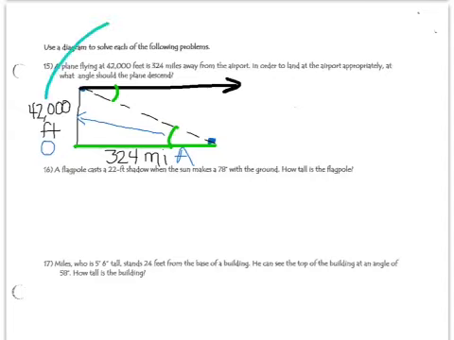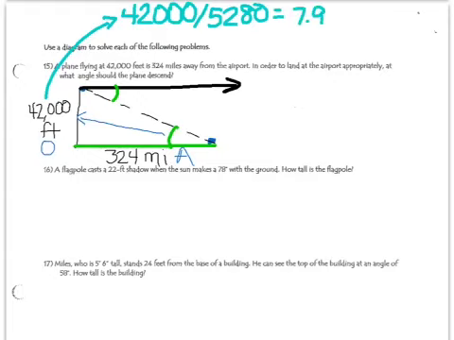So that means I'm going to take 42,000 and divide by 5,280, which leaves me with 7.95. So here, instead of 42,000 feet, I'm using the 7.95 miles.